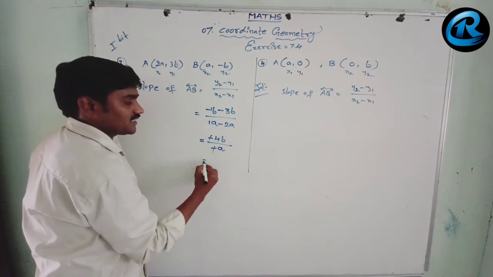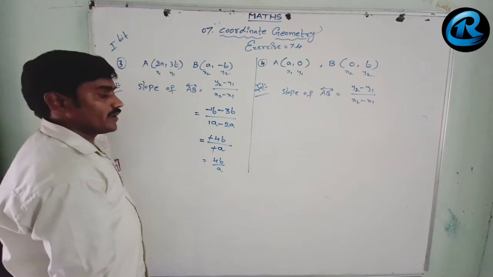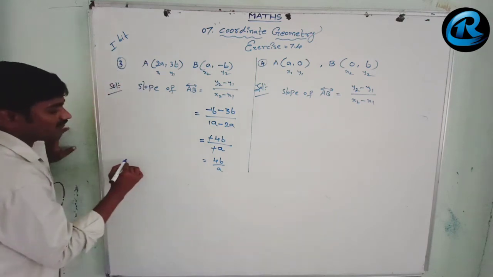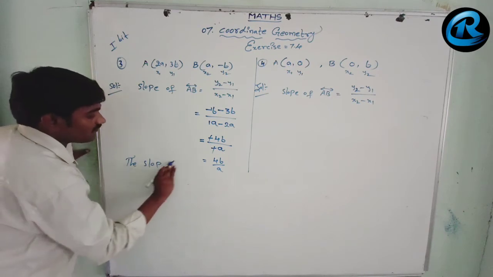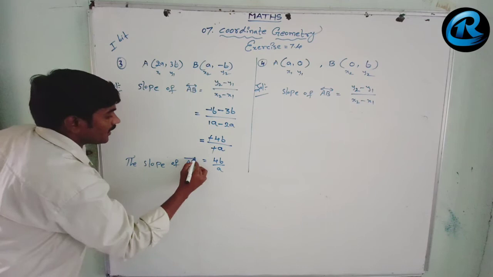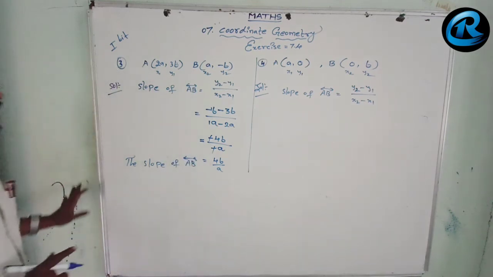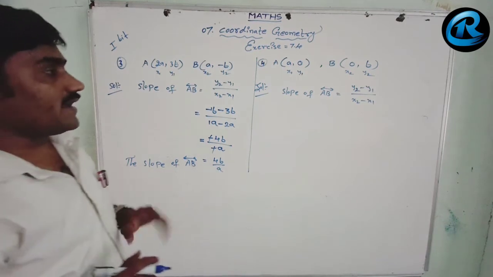Minus minus gets cancelled, that is 4b by a. The slope of AB for the given points is 4b by a.